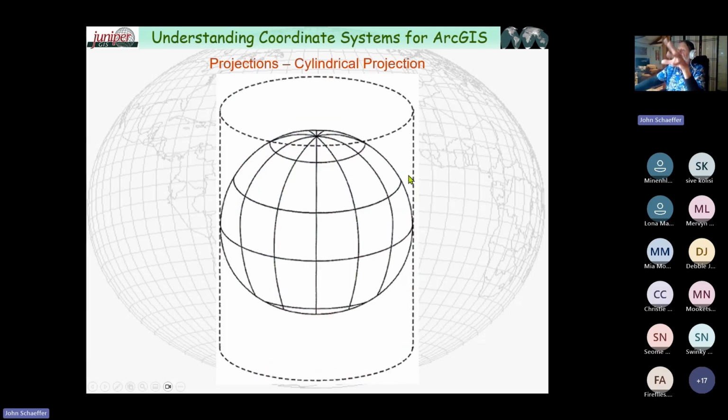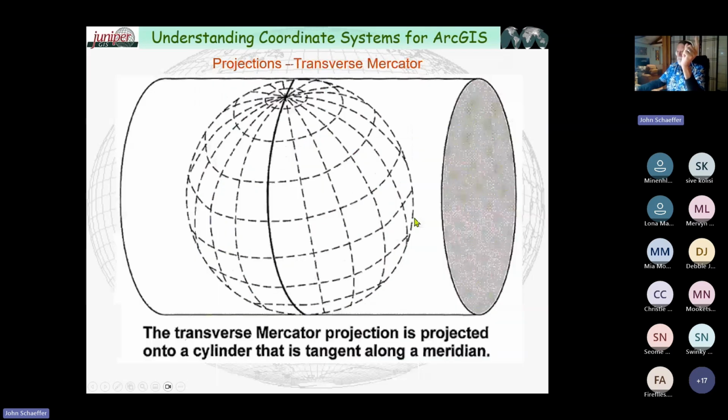Cylindrical, this really isn't used very much as cylindrical. It only hits at the equator, so it's really only good for a small swath of the Earth. But where a cylinder is used is here, something called transverse Mercator.